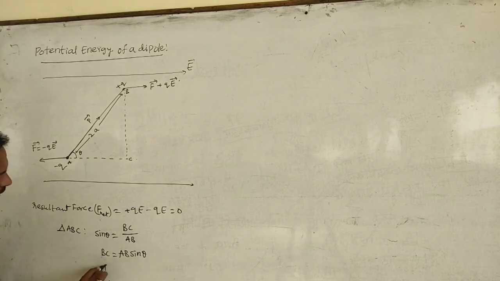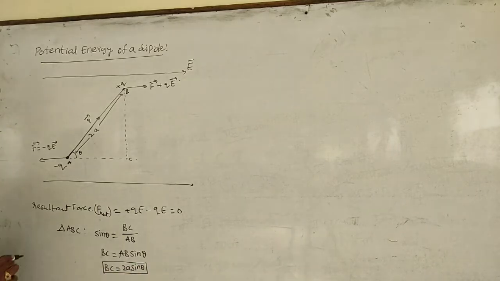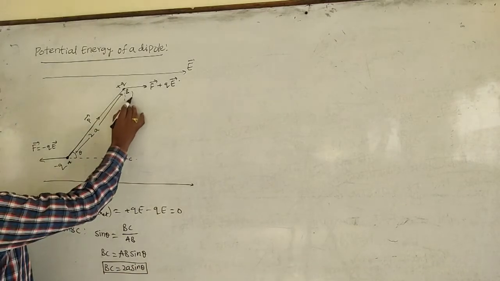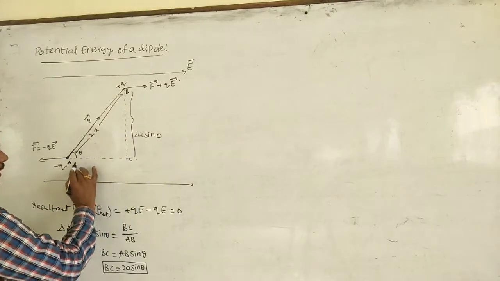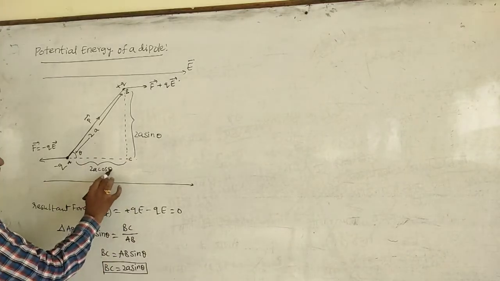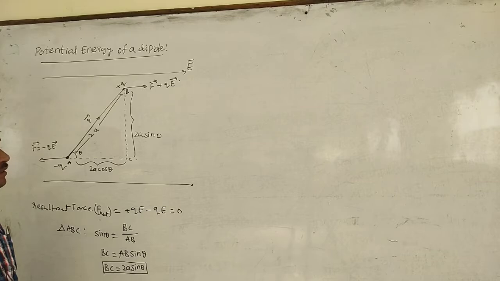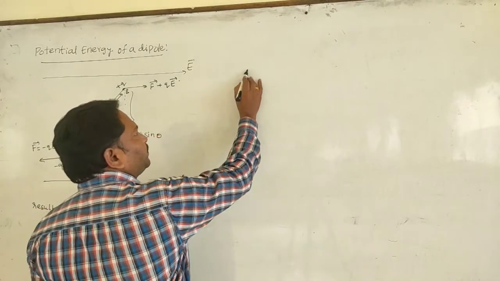AB means 2a, so BC equals 2a sin theta, and this other side becomes 2a cos theta.